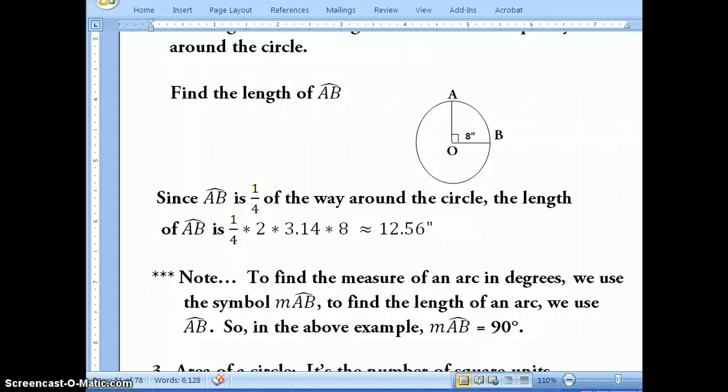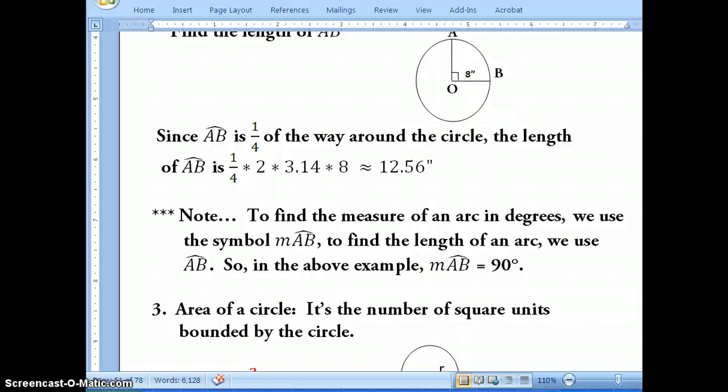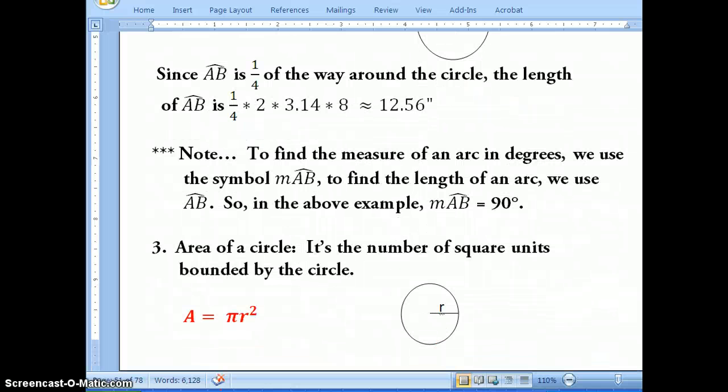If we wanted to know the distance halfway around a circle, we would take 1/2 of the circumference formula. Now, just a couple of notes here. To find the measure of an arc in degrees, we want to know the measurement. Notice this little m in front of AB.